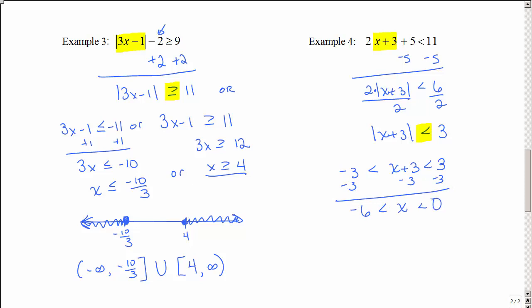Notice we have x's between a sandwich. Here's negative 6, here's 0. They're open circles, shading in the middle. And then writing it in interval notation. So isolate, then decide, sandwich or greater.